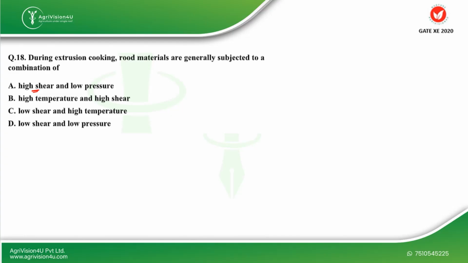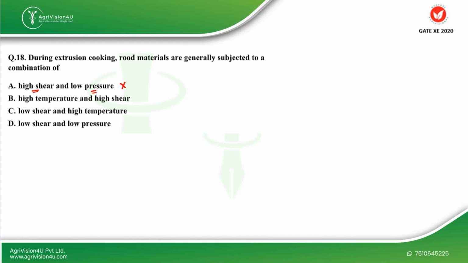High shear would be beneficial for breaking down food particles, and low pressure might not be sufficient to force the food material through the extrusion die, especially if the material is thick or viscous. So this option will be incorrect.